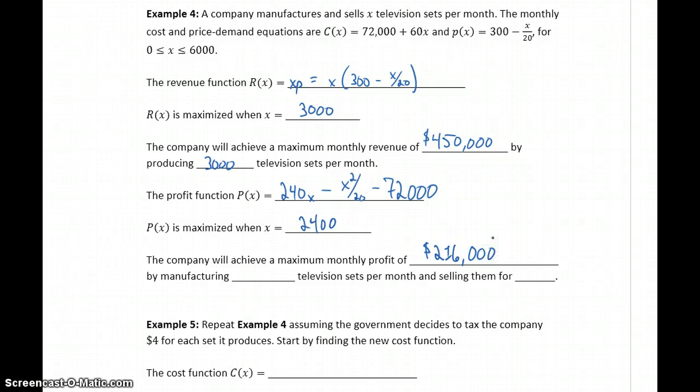So a maximum monthly profit of $216,000 by manufacturing 2,400 TV sets a month and selling them for, so this is a question now that we haven't encountered yet. So in order to get our selling price, we would go back to the price demand function, which tells us that for a specific production level, what our corresponding price point should be.